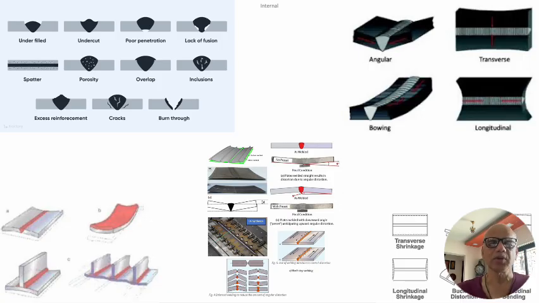Cracks, obviously, occur because of improper shrinkage, improper parameters, and improper welding consumables, and you will land up with metallurgical defects. When the material is cooling down, it doesn't cool uniformly, and there are certain voids which create porosity.